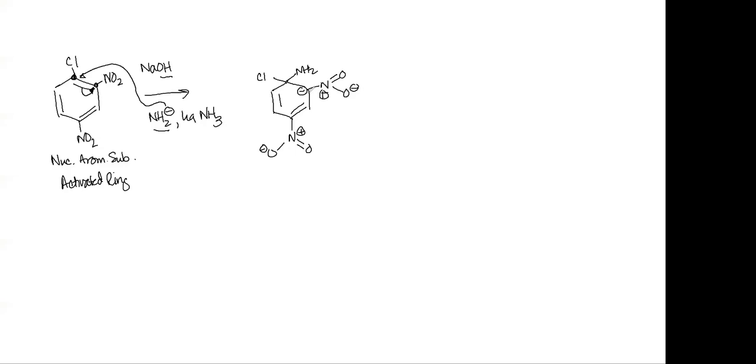The way I can do that is, I gave myself enough space. I'm going to take this pair of electrons. One of the issues in this problem is that we have to go back to the beginning of last semester when we talked about drawing resonance structures. When you have a carbocation, you always move the pair of electrons towards the carbocation to make the resonance structure.